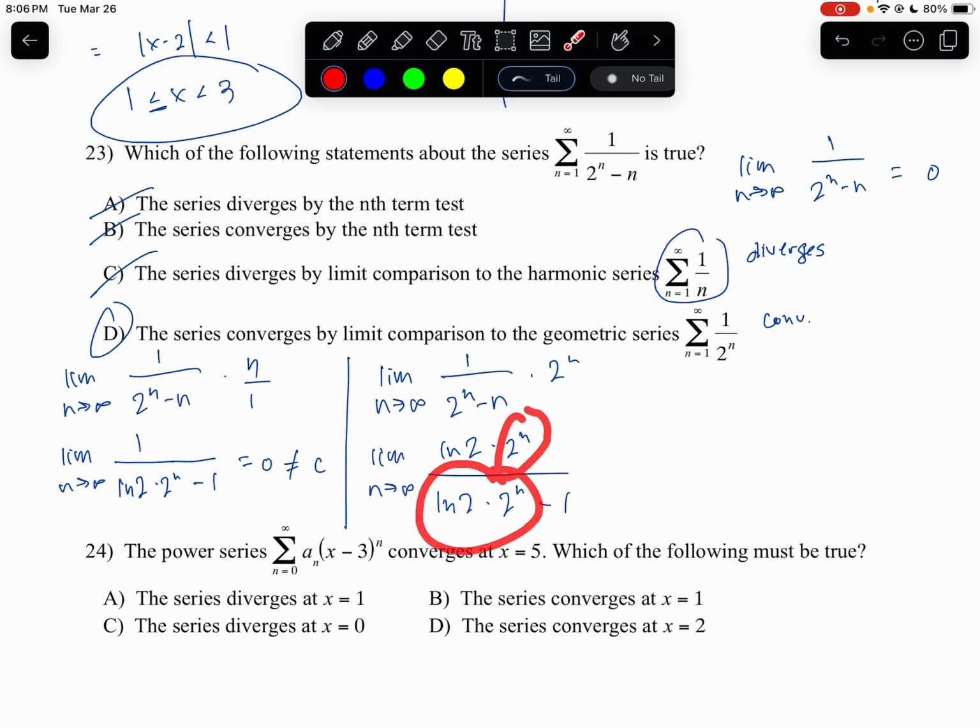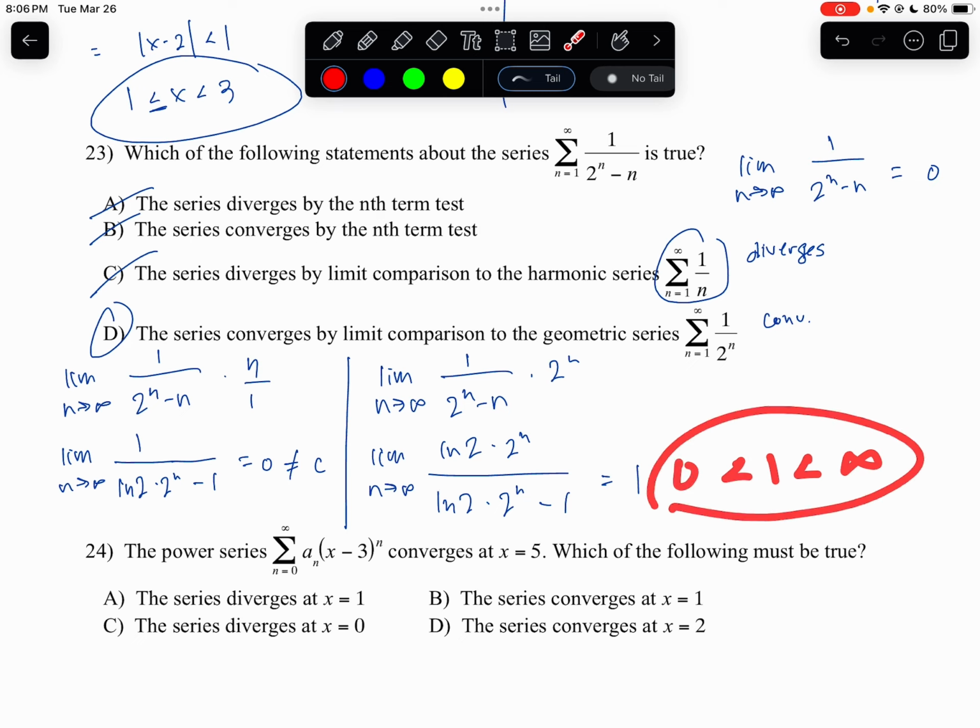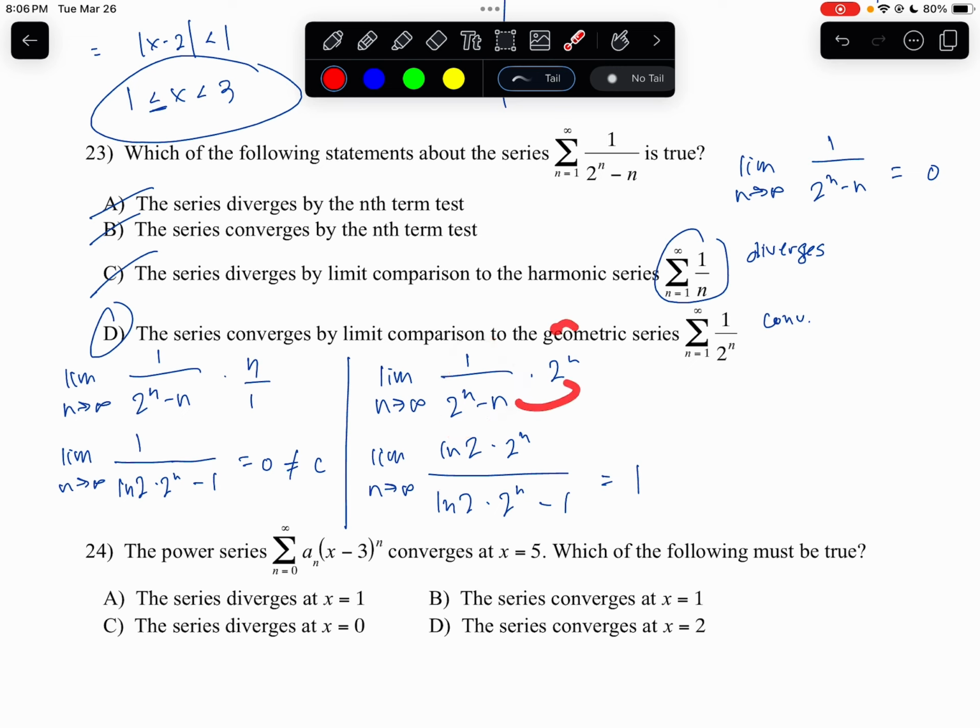You'd get the same thing here. This would become 0. Then it's just going to become a ratio of 1 to 1, so this is just going to be equal to 1. There you go. So we showed here we get a constant that is less than infinity and greater than 0. Therefore, this series converges if this series converges, or diverges if this one diverges. So in this case, it converges. There you go.